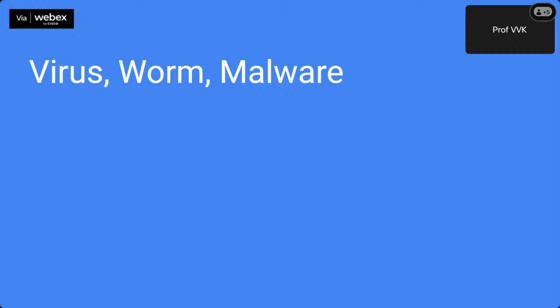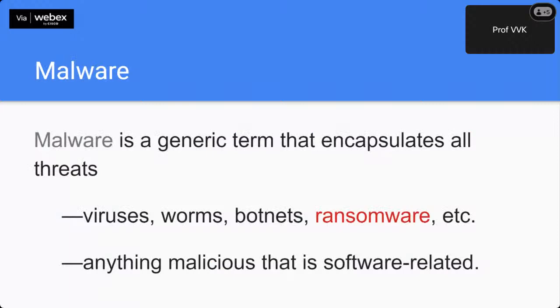And malware is a generic term that encapsulates all these threats, be it viruses, worms, botnets, ransomware. These botnets, ransomware, spyware, adware, all these things that we talk about, they are improvised, sophisticated forms of these worms and viruses put together.